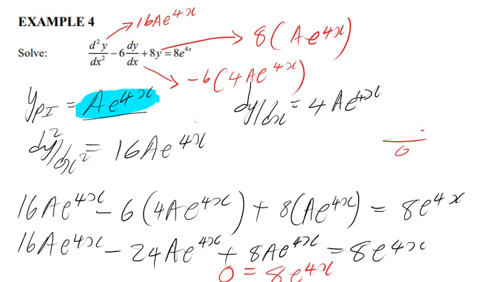Even if you do this, guys, let me show you. Let's say you take the coefficients. When I say the coefficients, I mean that you only take e to the 4x outside.